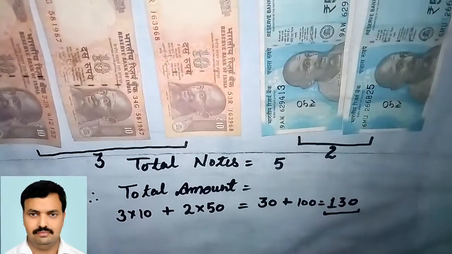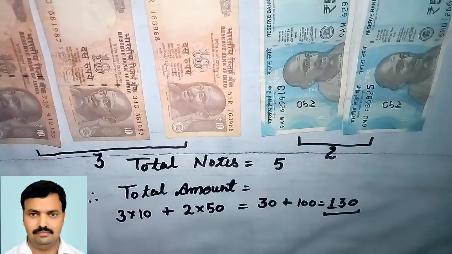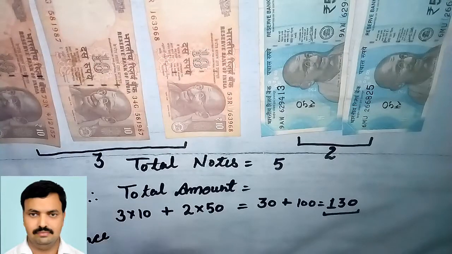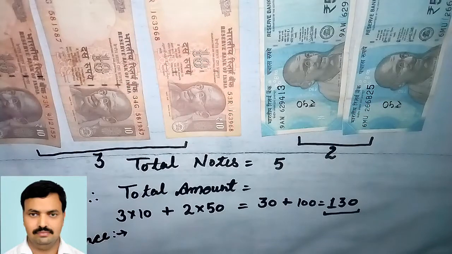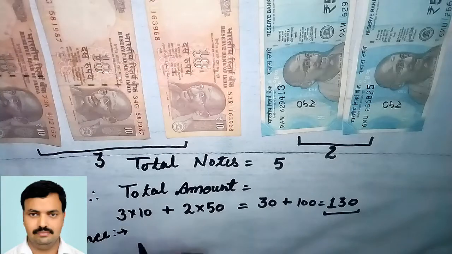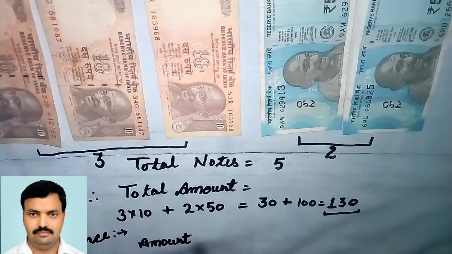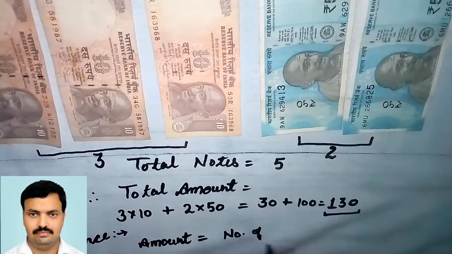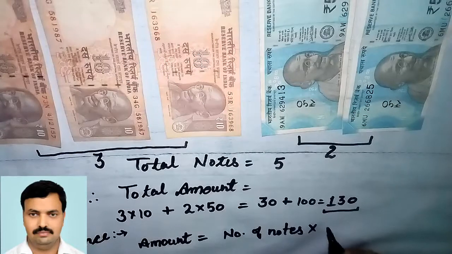Let us see what we did in this question and how we can use this concept in the next question. So in the end you can say that when you are given some notes, then amount will be equal to number of notes multiplied by their value.